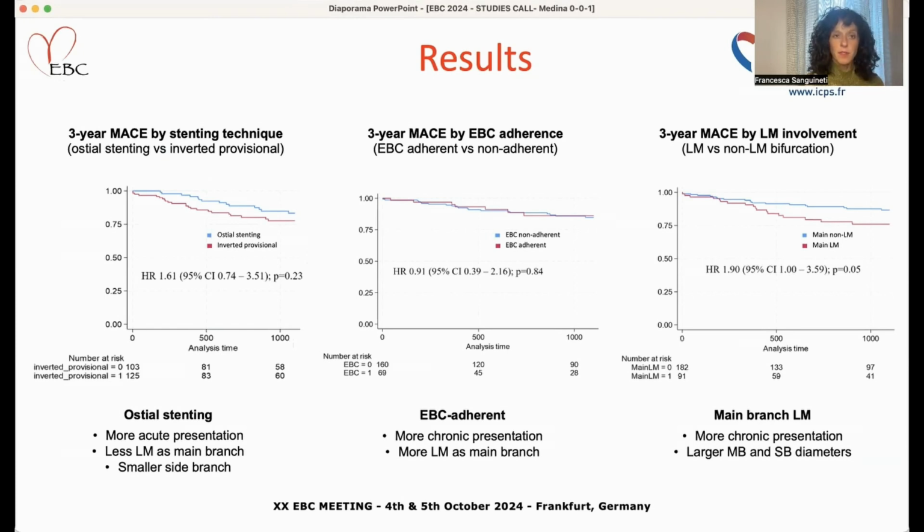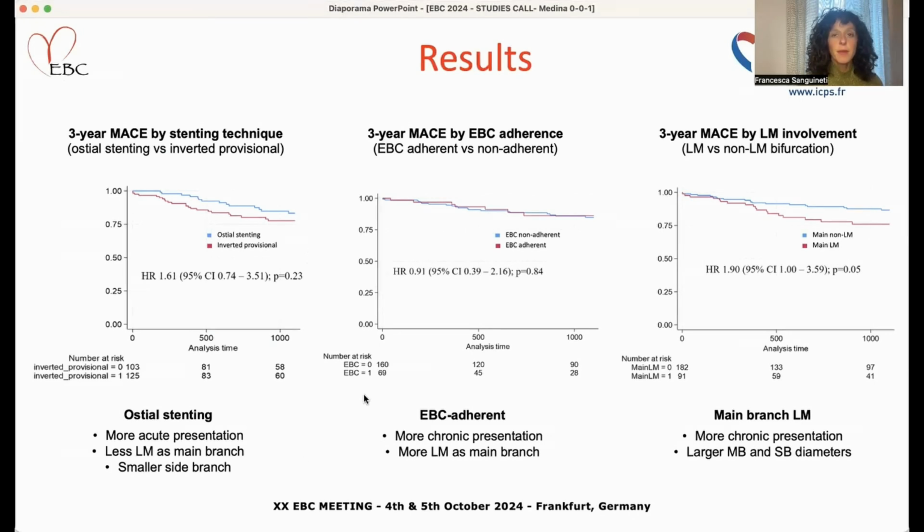In this comparison, we could not appreciate differences in MACE at 3 years, but we could appreciate that ostial stenting is preferred when there is an acute presentation, when the bifurcation doesn't involve the left main, and when the side branch is smaller. This probably means that in an acute setting, we prefer to go faster and to stay simpler, especially if the bifurcation is not very big.